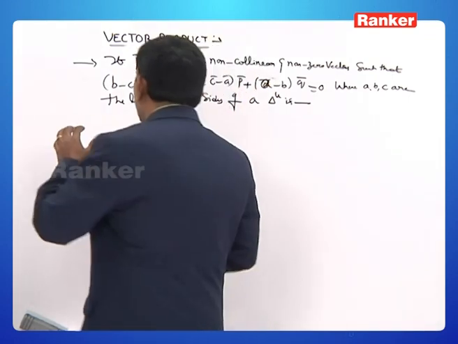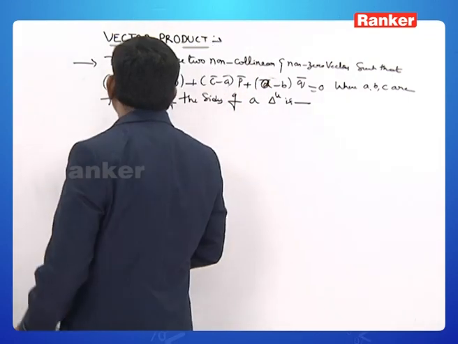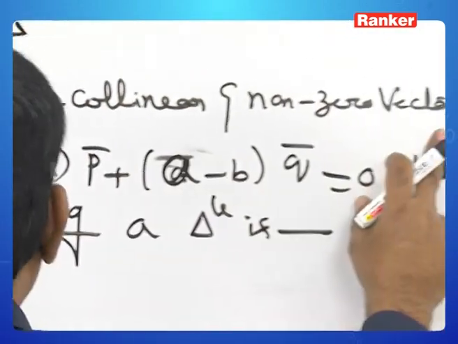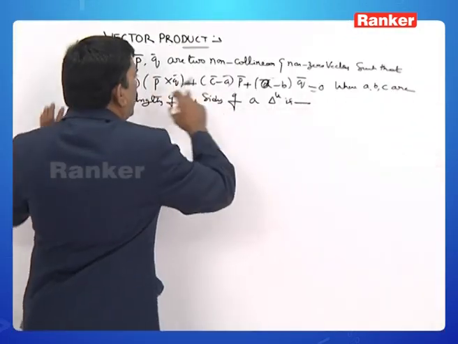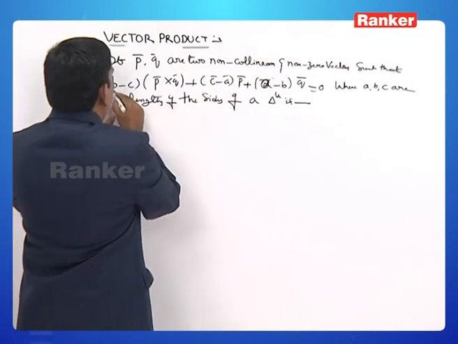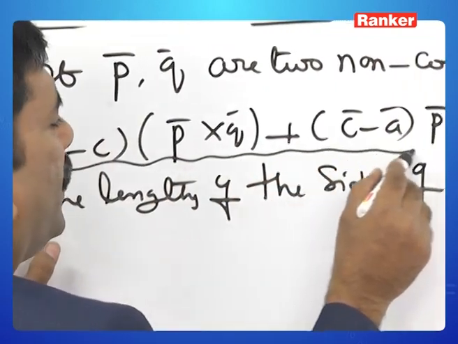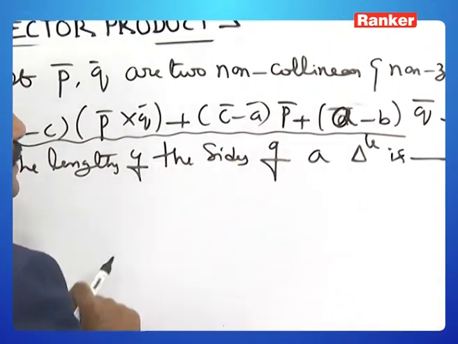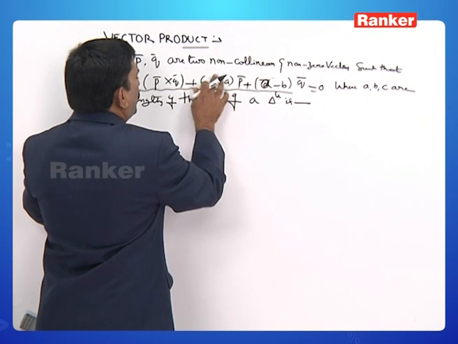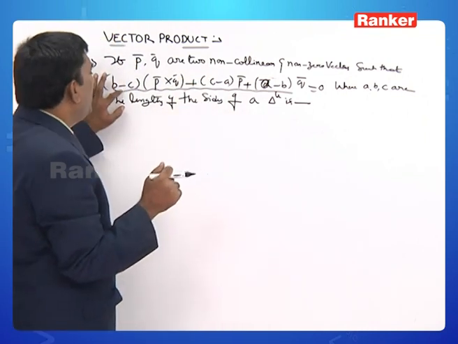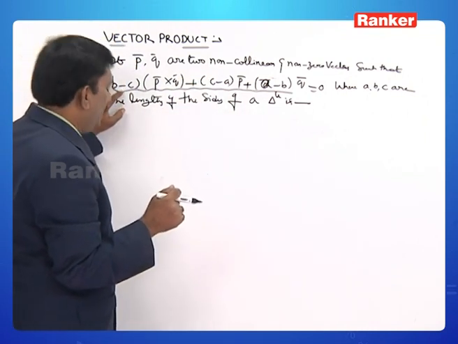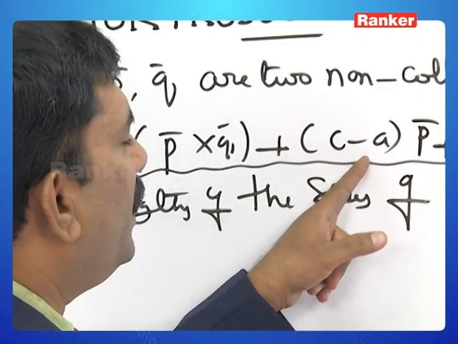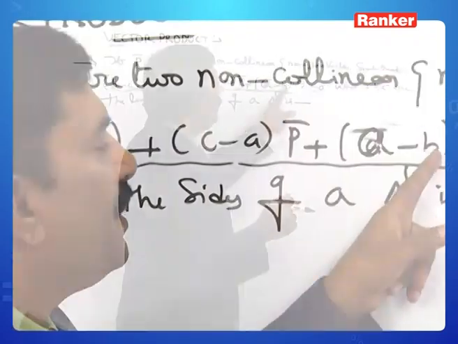Let us see. So, if P bar, Q bar are two non-collinear non-zero vectors, and he has given a linear combination. What is a linear combination? Just like X A bar plus Y B bar plus Z C bar. Now what he has given is B minus C into P bar cross Q bar, C minus A into P bar, A minus B into Q bar.